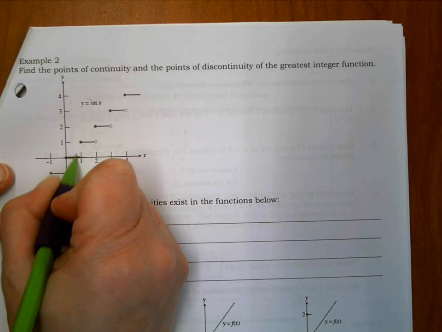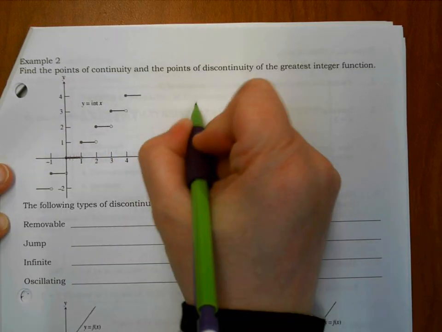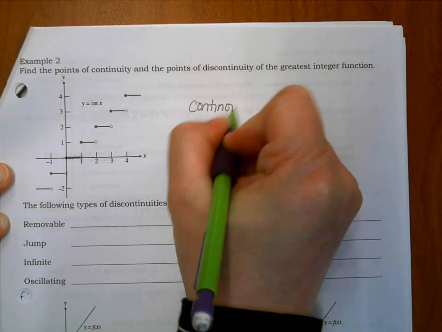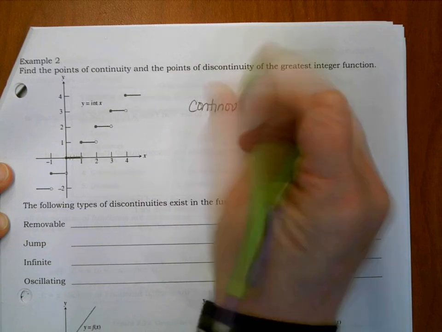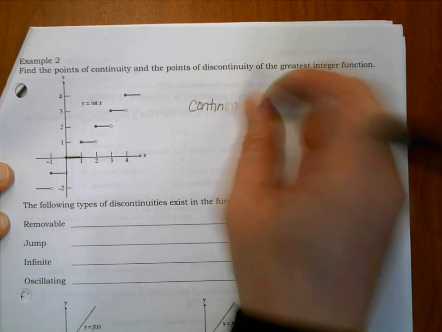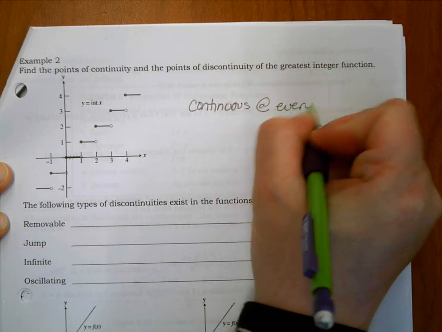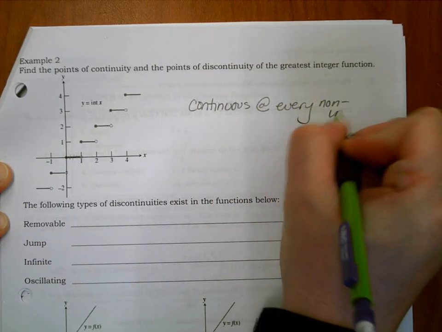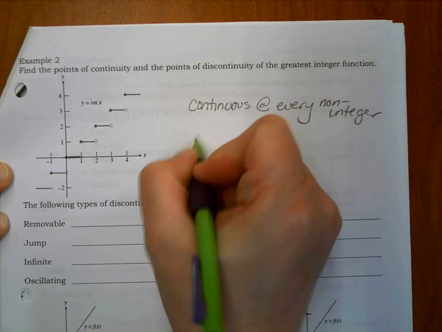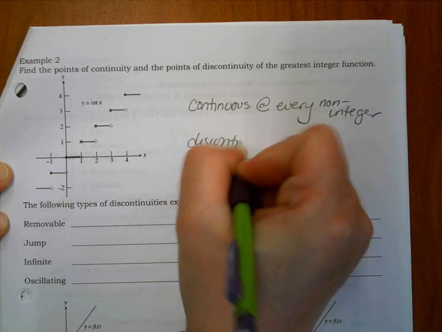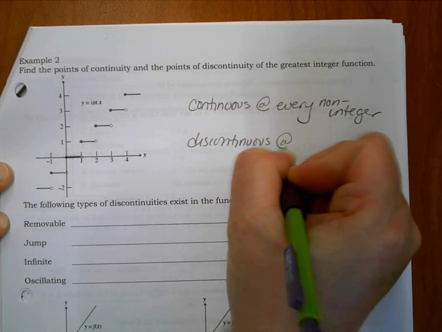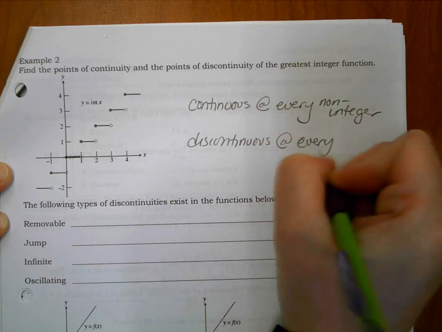And all these other values, it's continuous. So it's continuous at every non-integer, and it's discontinuous. We have a jump at every integer.